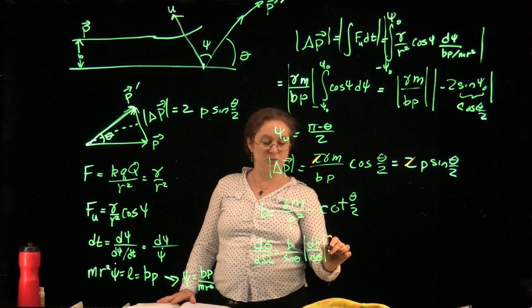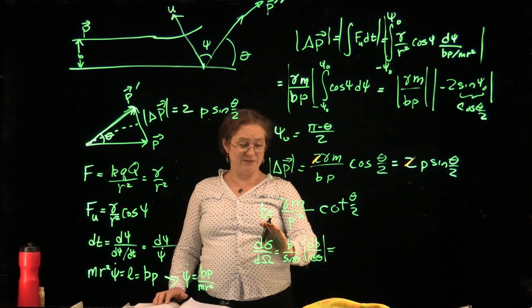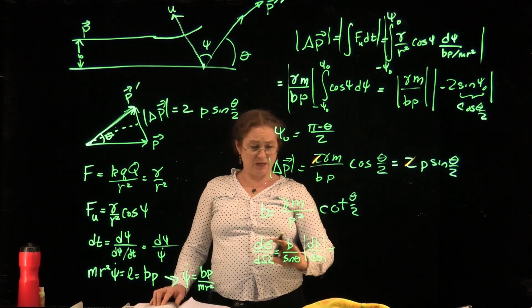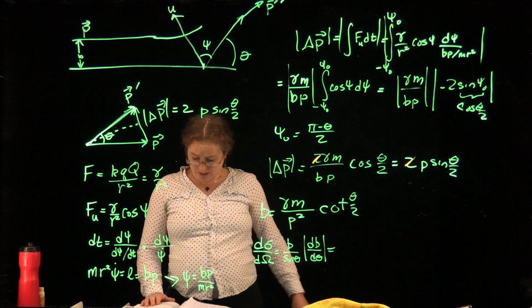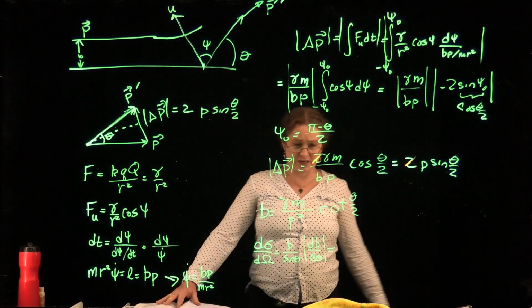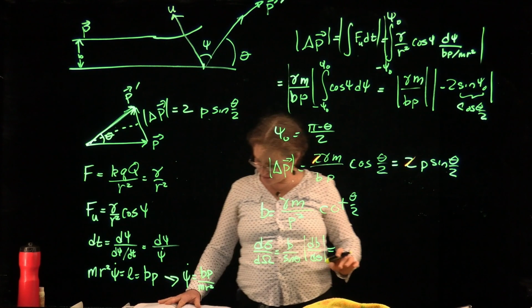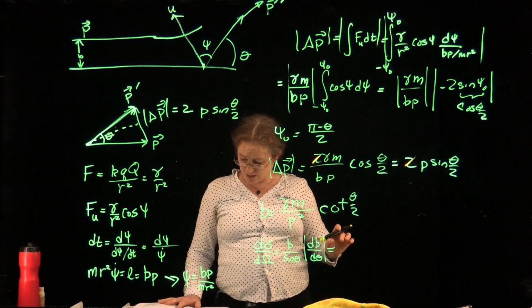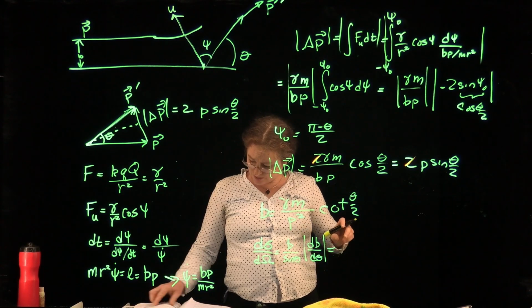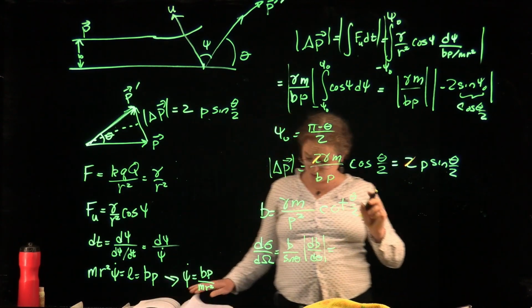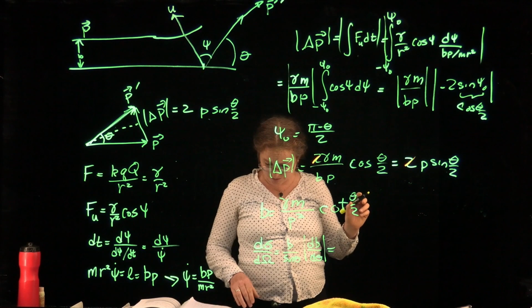And now I have this expression for b, and I can take the derivative of that. It's been a long day. I'm going to leave that as an exercise to the student, so the book actually doesn't go through any additional details.